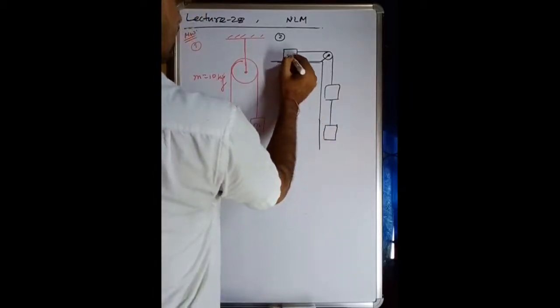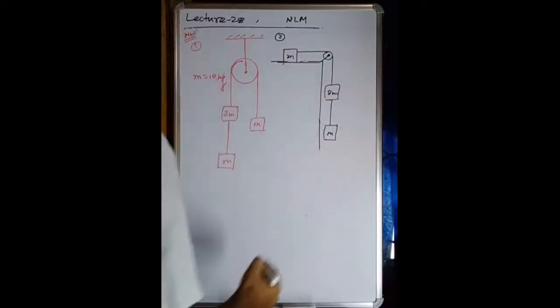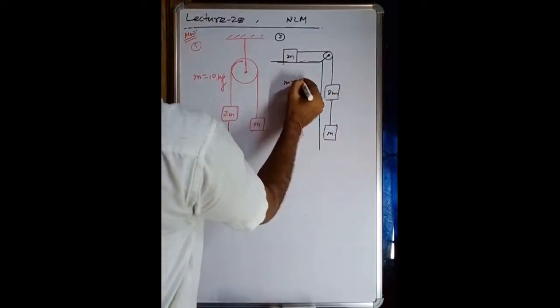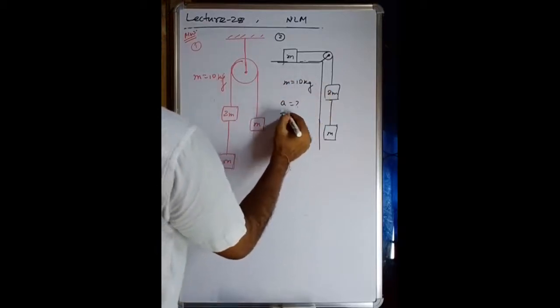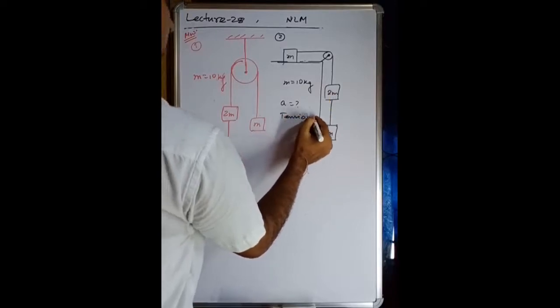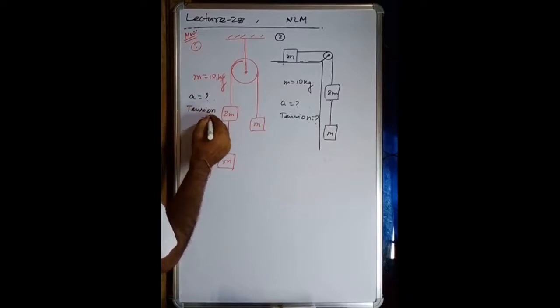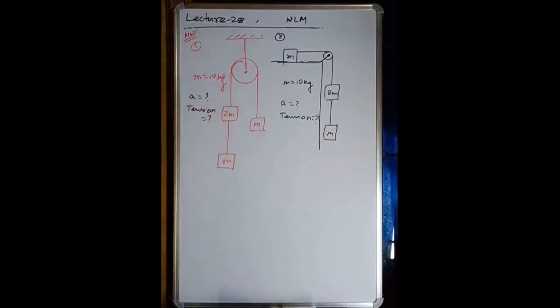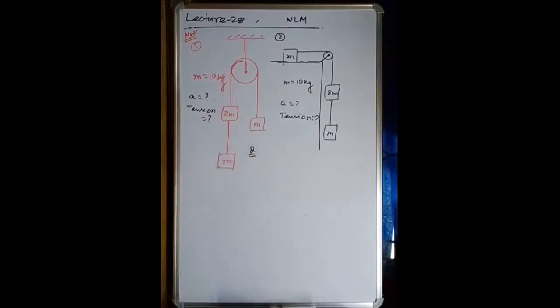Try to do it at home. Again m is 10 kg. You have to find the acceleration of the system and the tension in each string. Alright, so there are two questions. One more question I'm going to solve, and then after that we will move to the relative acceleration questions.